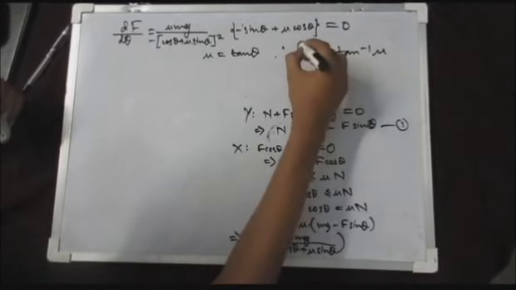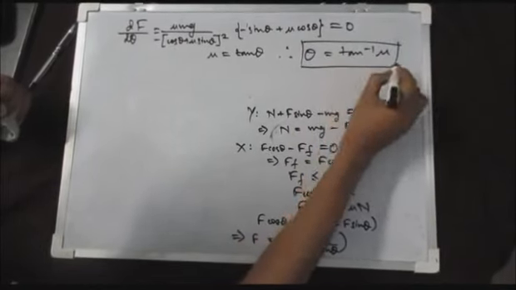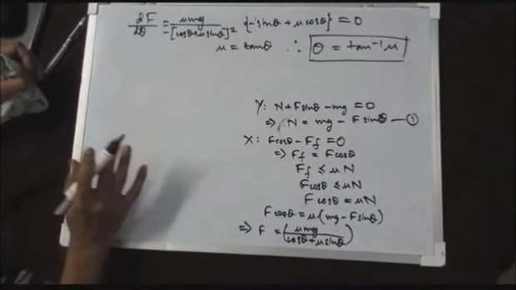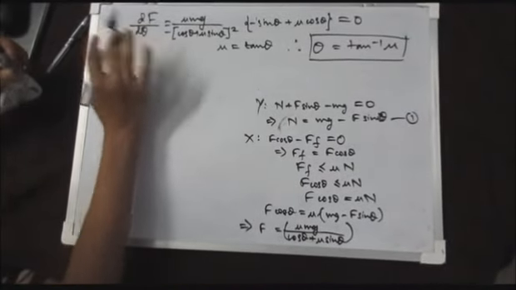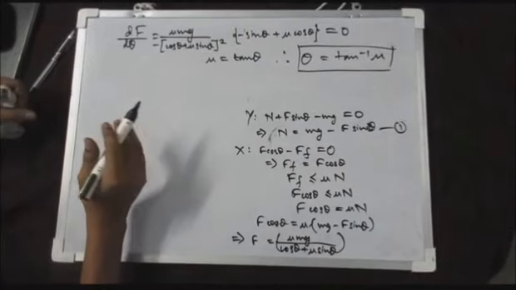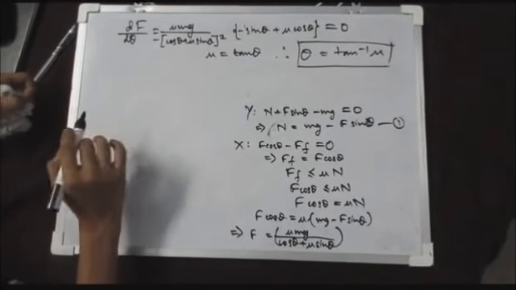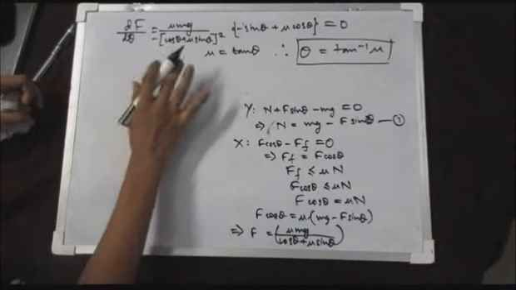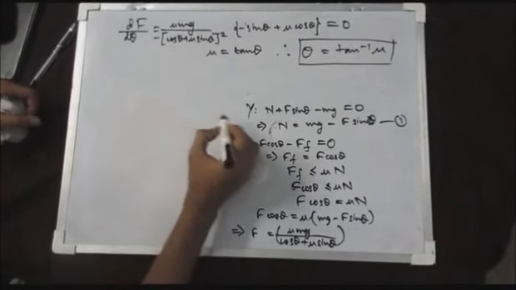The angle at which the required force is minimum is tan inverse of mu, which is also known as the angle of repose. Now we've made an assumption: that this extremum happens to be a minimum. We can prove that later, or that's sort of obvious. Now we want to calculate the force at this point.